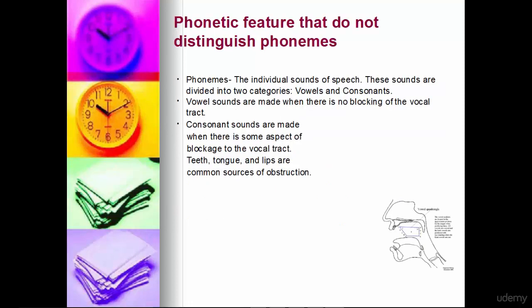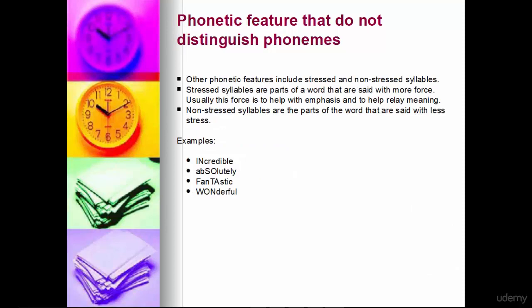Phonemes are the individual sounds of speech. These sounds are divided into two categories, vowels and consonants. The vowel sounds are made when there's no blocking of the vocal tract. Consonant sounds are made when there is some blockage. Teeth, tongue, and lips are common sources of this obstruction. Other phonetic features include stressed and non-stressed syllables. Stressed syllables are parts of the word that are said with force.